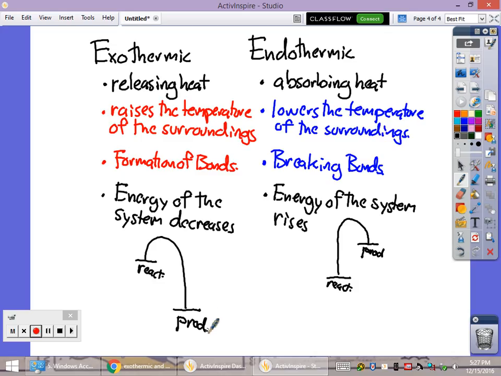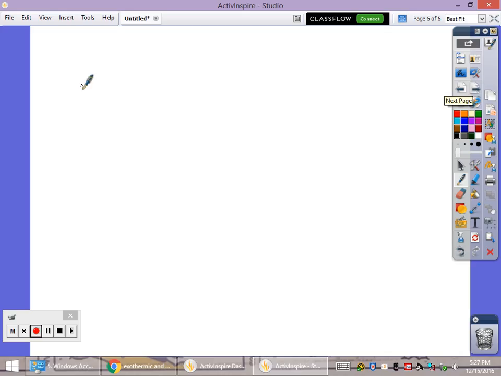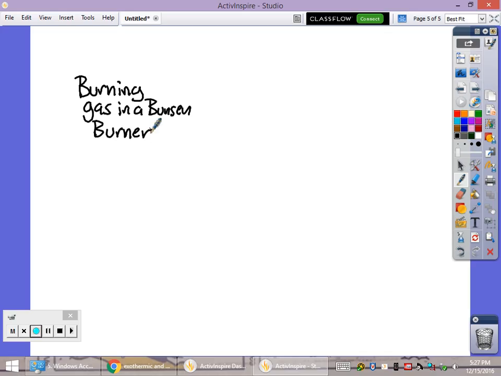Now that's a lot of information, but you can probably connect it to reactions that you've seen, right? You can probably connect it to burning. Burning gas in a Bunsen burner, or melting ice, right?